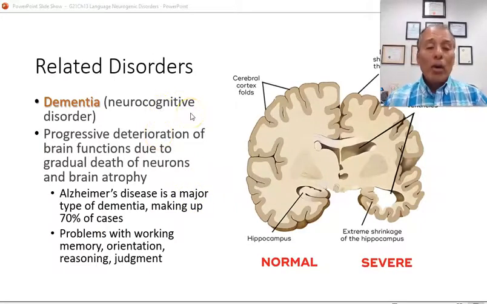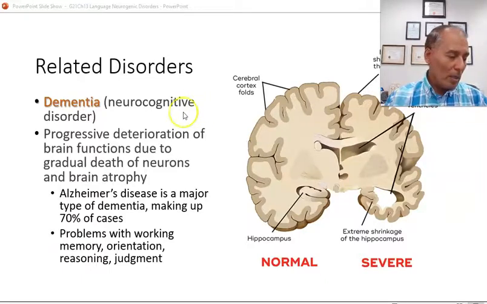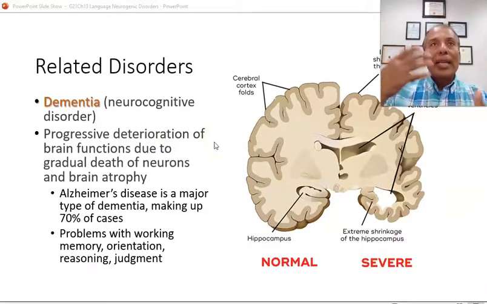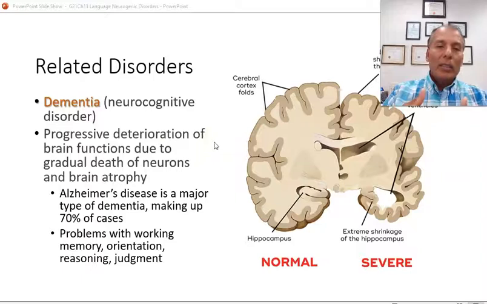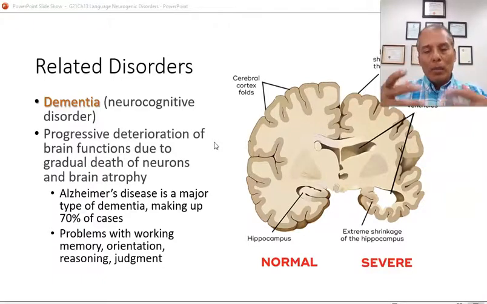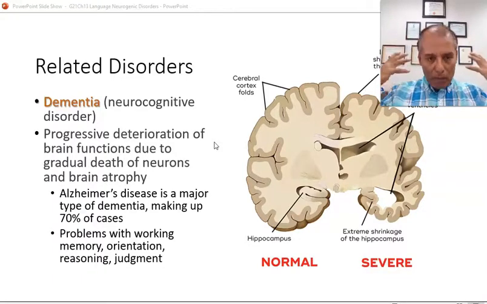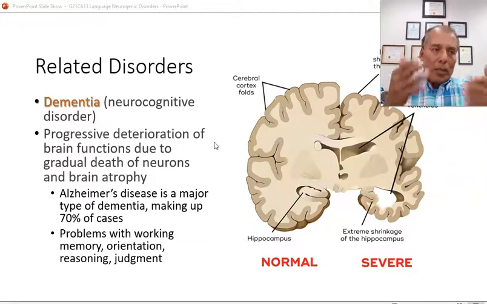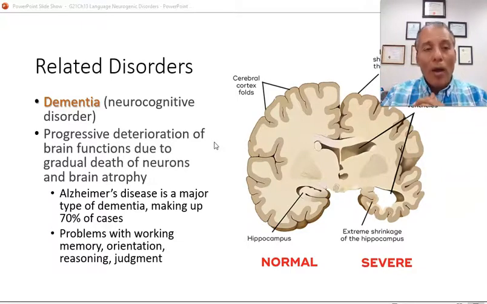So let's now speak about the related disorders, for example, including dementia, RHD, and RHD particularly. Dementia is an age-related neurocognitive decline, and basically most of the brain is damaged, but some areas are damaged before others.